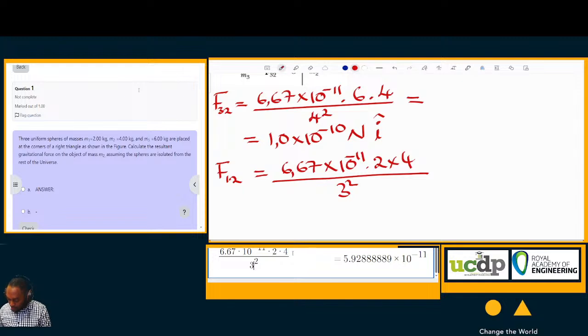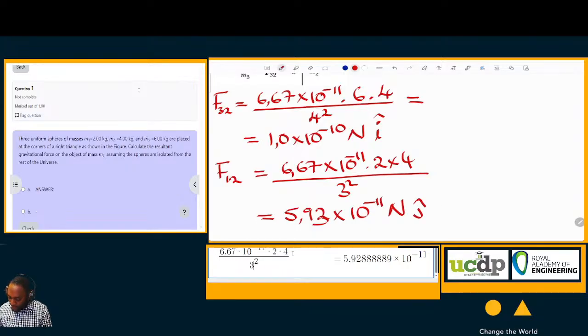Therefore, our answer is 5.93 times 10 to the power of negative 11 newtons, and this is in the positive J direction.